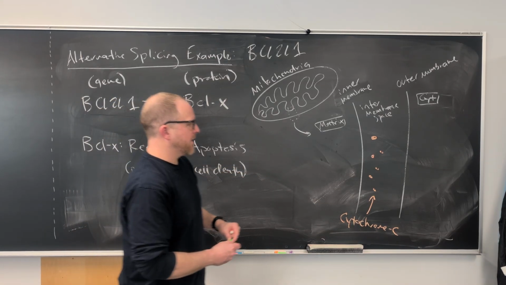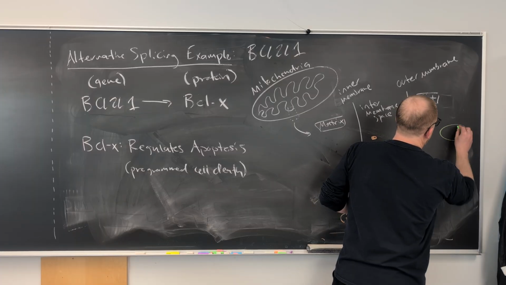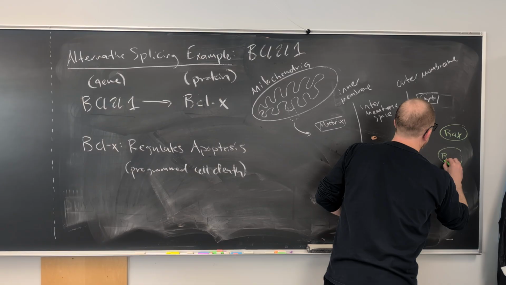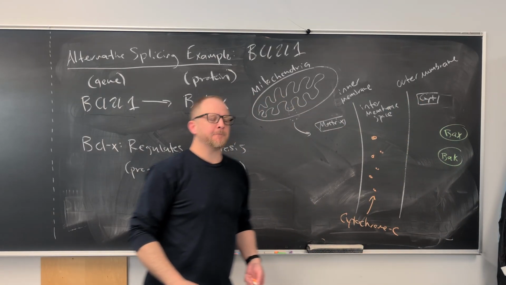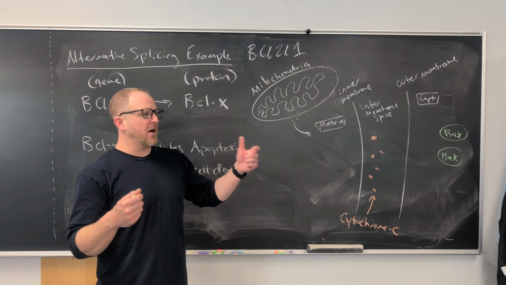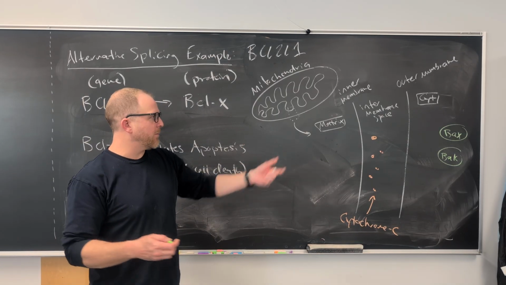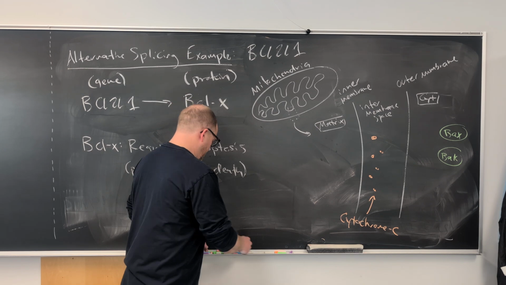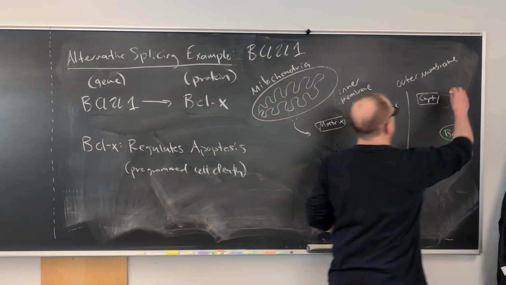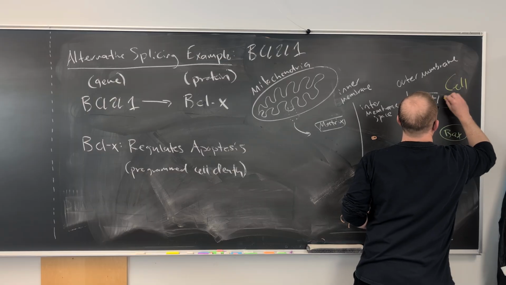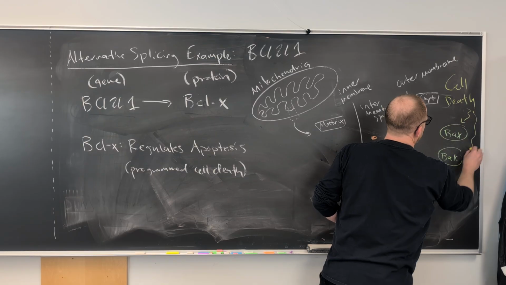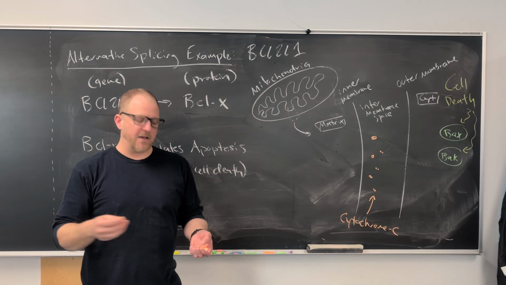So what are these proteins? There are many proteins, but two of the key ones are known as BAX and BAK. These are proteins that can reversibly form pores in the outer membrane. So if there is some kind of cell death signal, I'll put this in yellow, this can converge on these proteins and activate them.